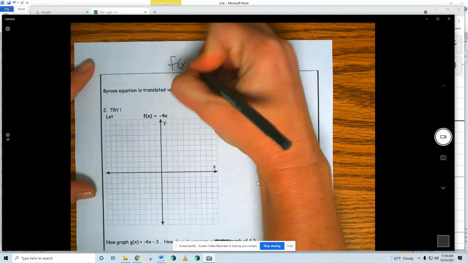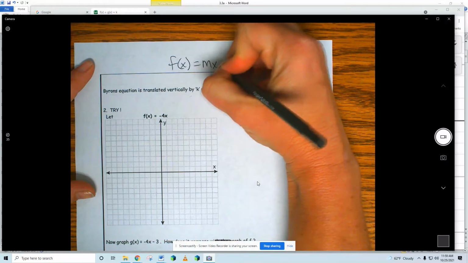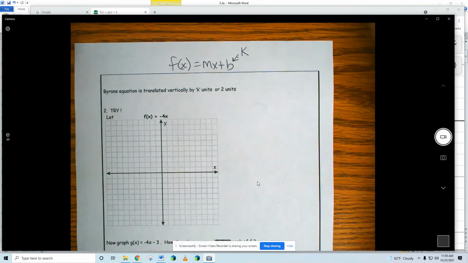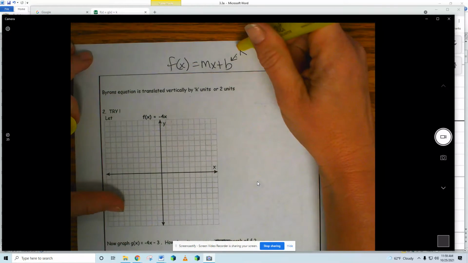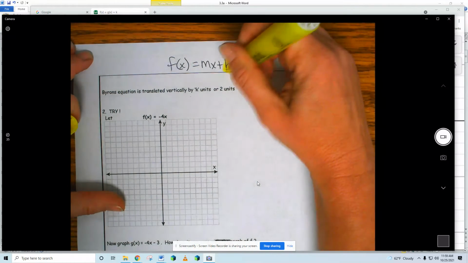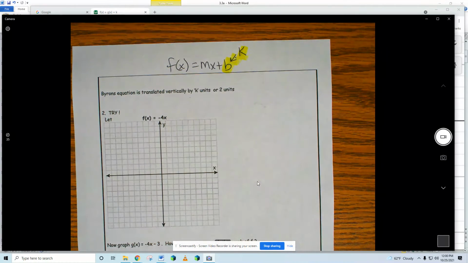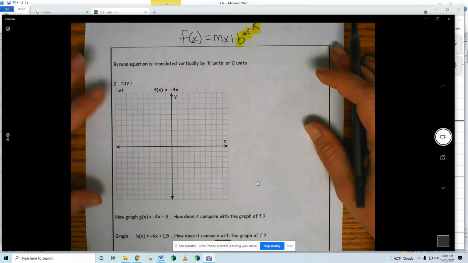F of x equals mx plus b. And then I want to let you know that b now is also a k. K and b, they both mean y-intercept. So now that we're getting into higher level math, k is a representation of y-intercept.